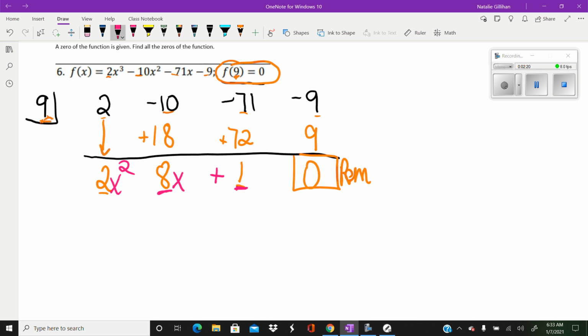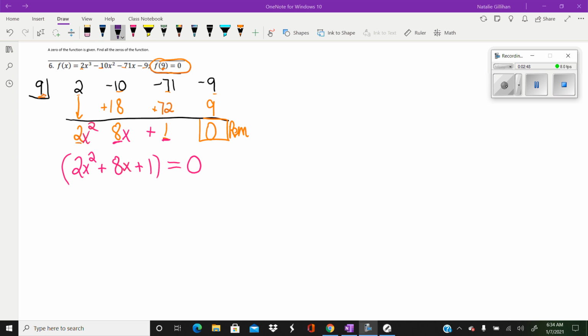So basically what you have done is you have just created a new trinomial here, 2x squared plus 8x plus 1. That is our new trinomial, and we can start to break it down, to see whether it's factorable, because when we're finding the zeros, we want that to be equal to 0. And we need to find those x values where our equation will equal 0 at this point.